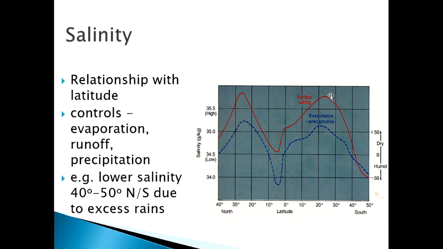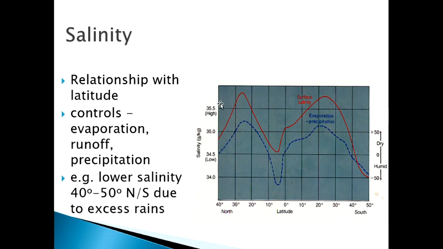We'll learn later here that there's a good reason for that. It has to do with atmospheric circulation. The air, the atmosphere in these areas is very, very dry, which means that any fresh water that happens to be there evaporates, leaving behind the salts. So the 30s are salty.